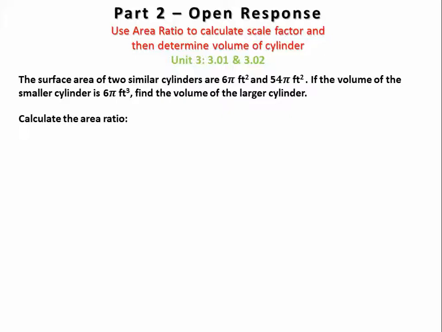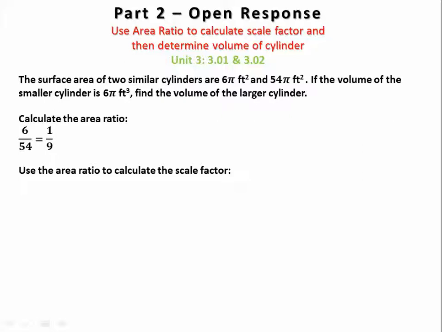It says the surface areas of two similar cylinders are 6 pi feet squared and 54 pi feet squared. If the volume of the smaller cylinder is 10 pi feet cubed, find the volume of the larger one. So the first step is to calculate the area ratio.